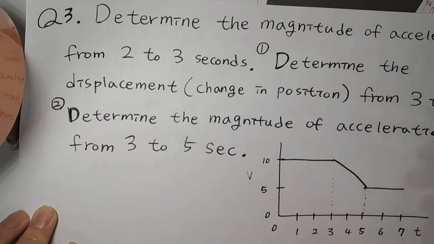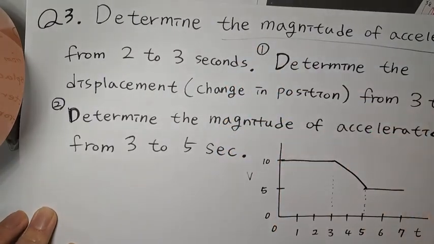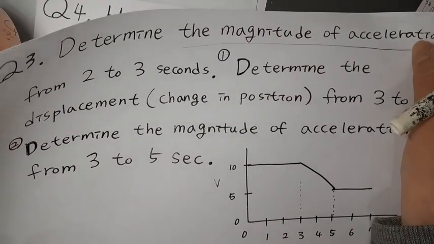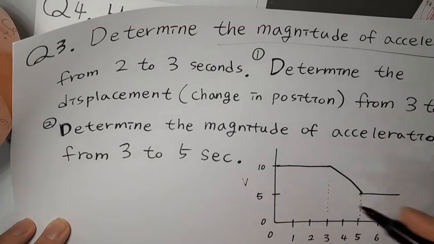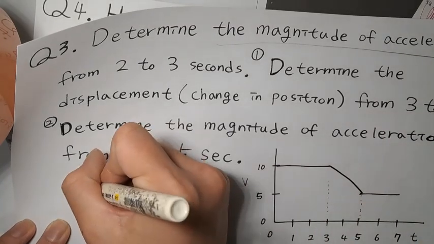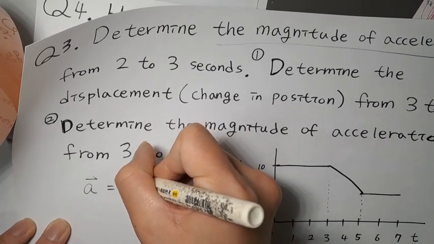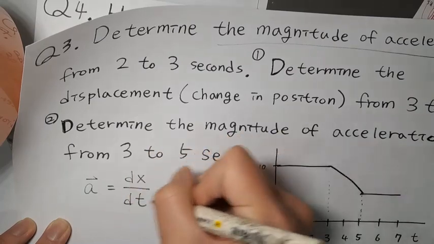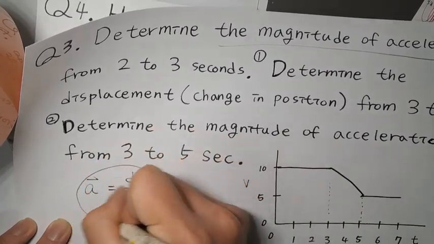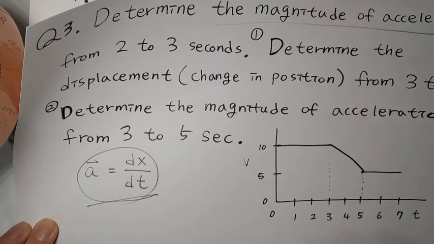So the magnitude of acceleration means that acceleration is the slope of this graph, and acceleration means the derivative of velocity over time.